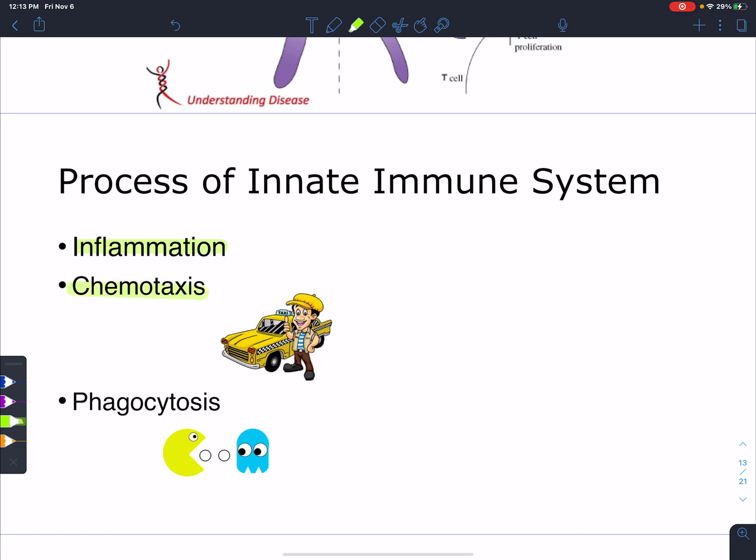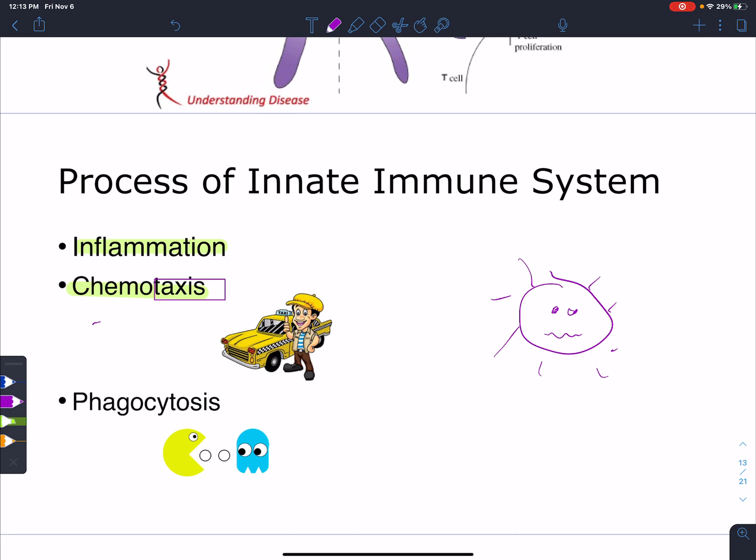I always look at chemotaxis, and it has the word taxi in it. So what that does is send out those messages, and it mobilizes those cells. They need to get in that taxi and get to the site of the inflammation. They need to go where that angry coronavirus is.